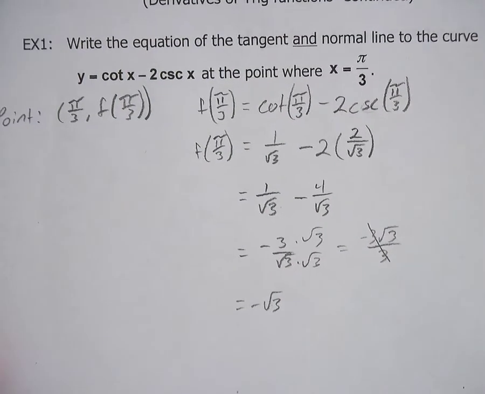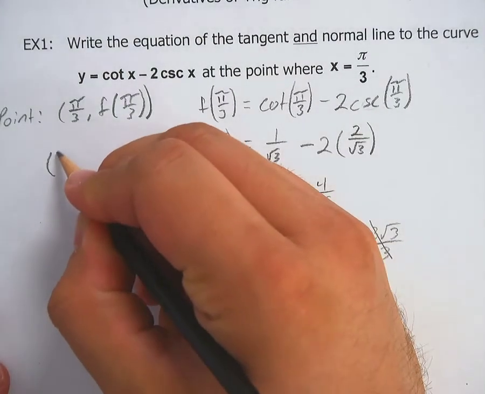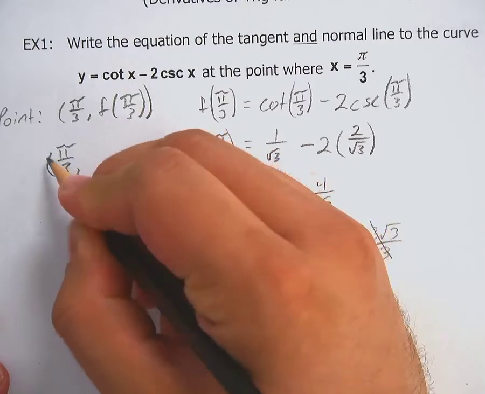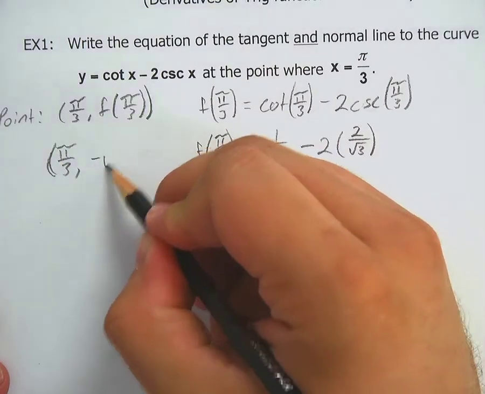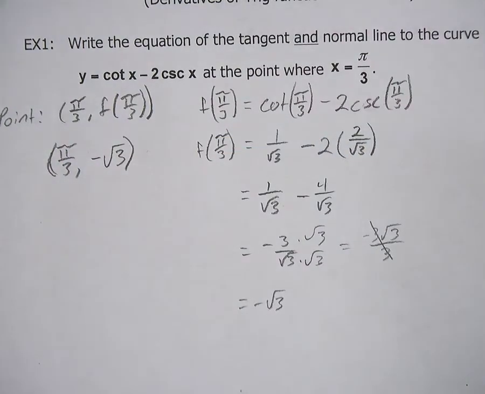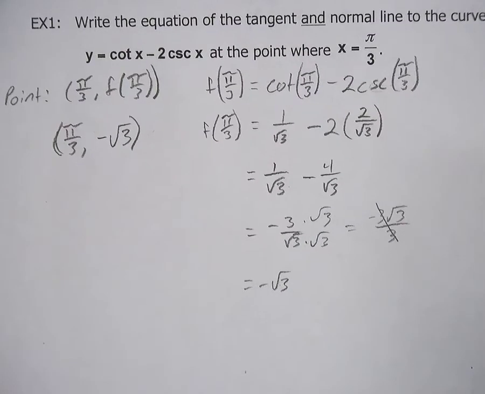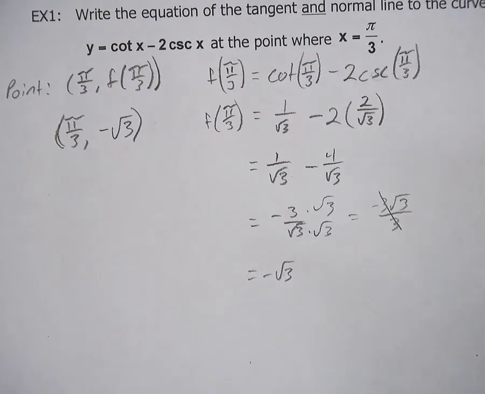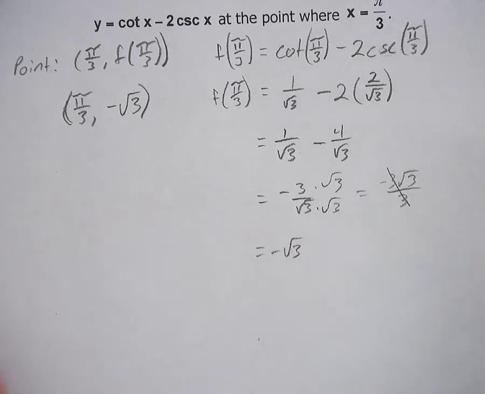So your point is pi over 3, comma, negative square root of 3. Next step is the slope.